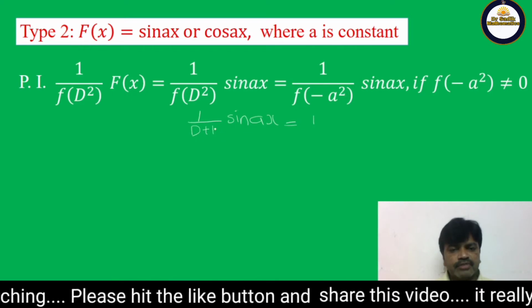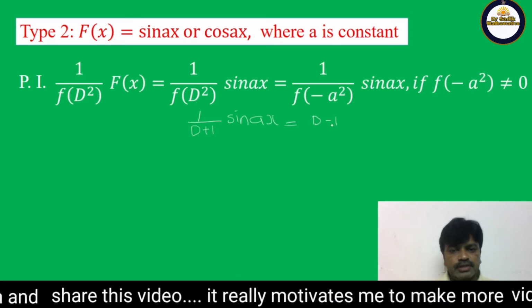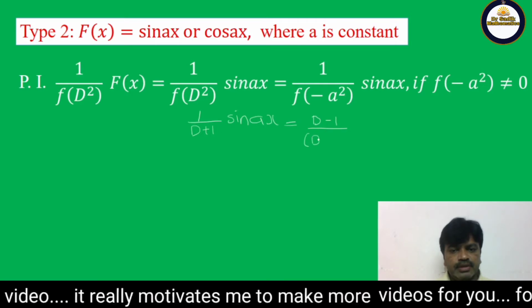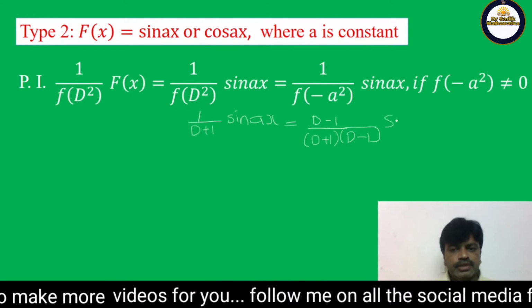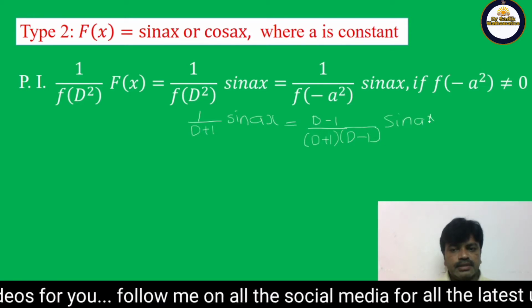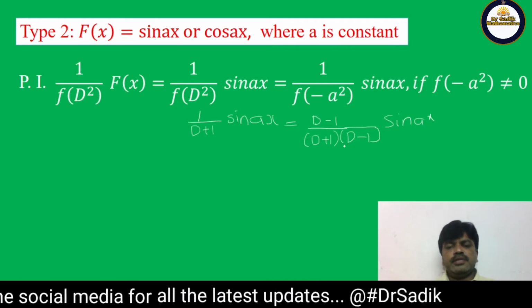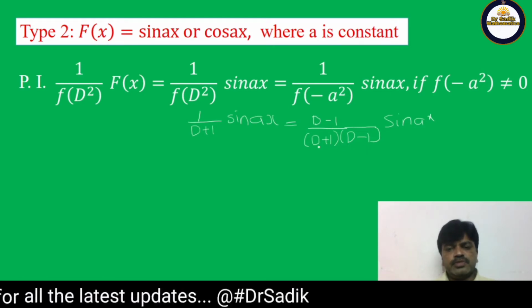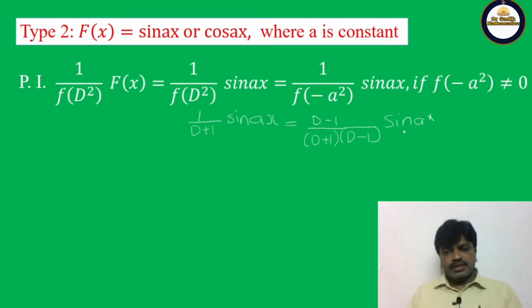The rationalizing factor here is D − 1. So write (D − 1)/((D + 1)(D − 1)) sin ax. Then we get (a + b)(a − b) = a² − b², so we get D². Simply replace it, and then operate D − 1 on sin ax. Then we get the required particular integral.